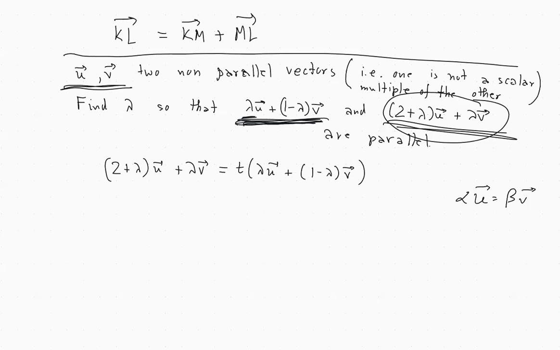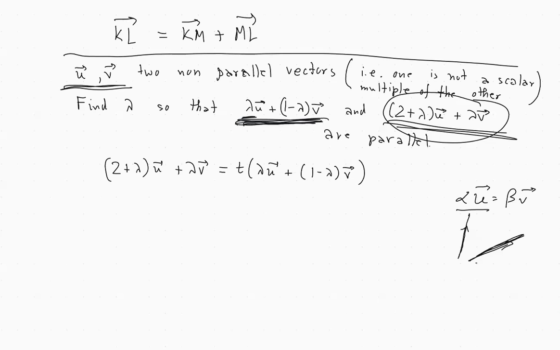And alpha U is parallel to U, and beta V is parallel to V. The only way that you can make these two being parallel is if at least one of them is reduced to zero. Okay. So one of them has to be reduced to zero, and the other could possibly be non-zero.